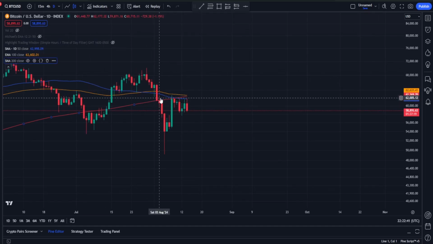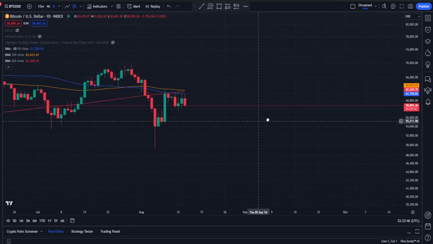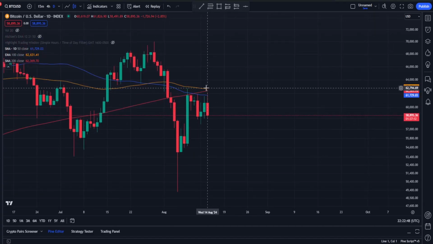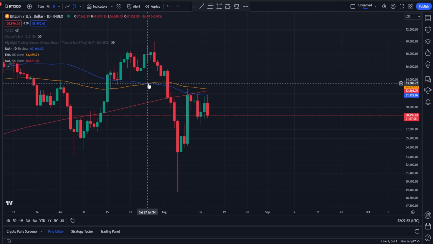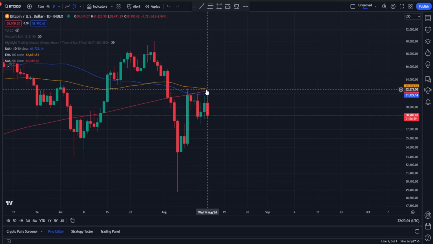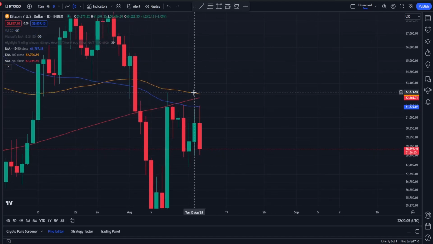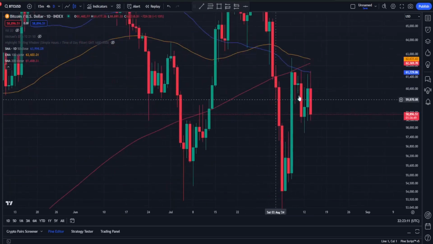These are the 50, 100, and 200 SMAs, and we can see right here that we actually might be getting a bearish cross, because right here we had the 50 cross under the 100 and the 200, so that's bearish. And if we get the 100 to cross under the 200, which it's literally just about to do, that is bearish.